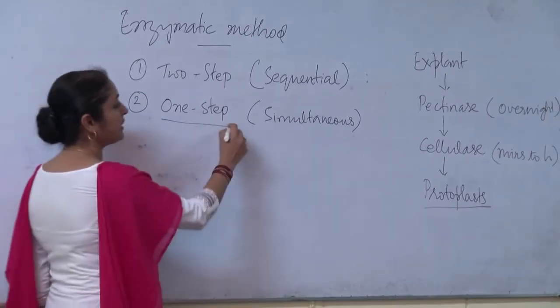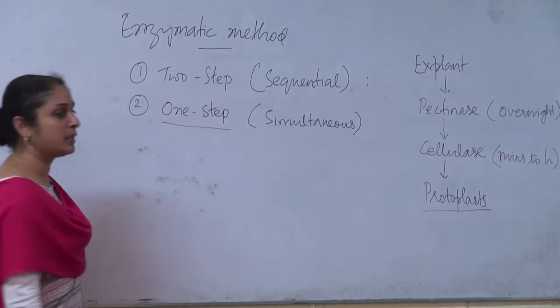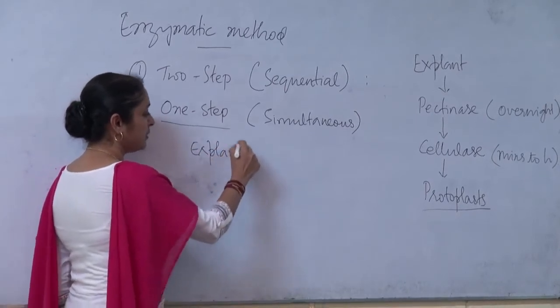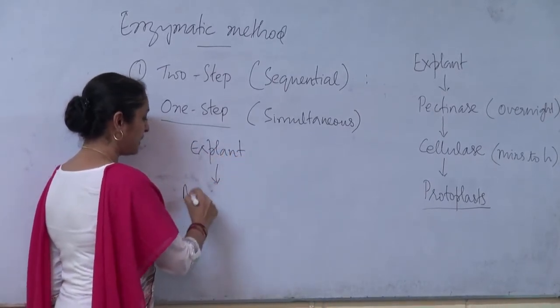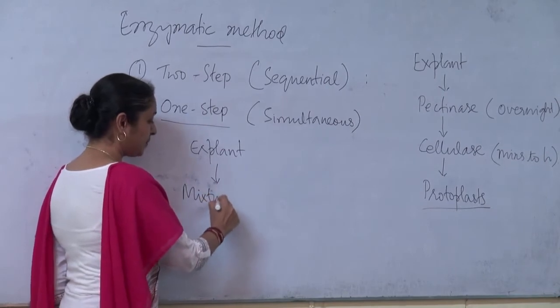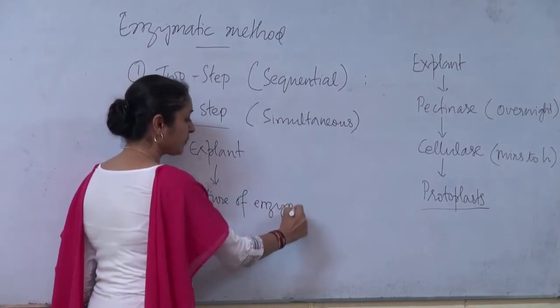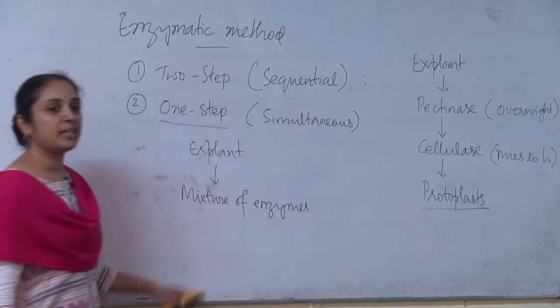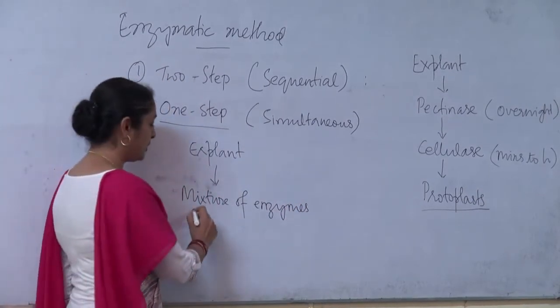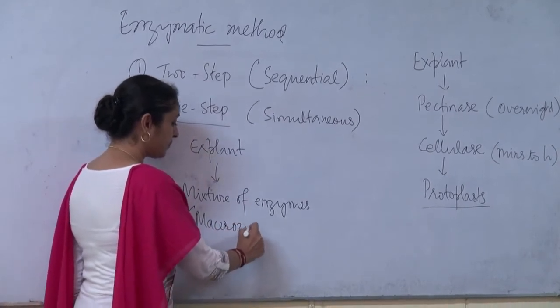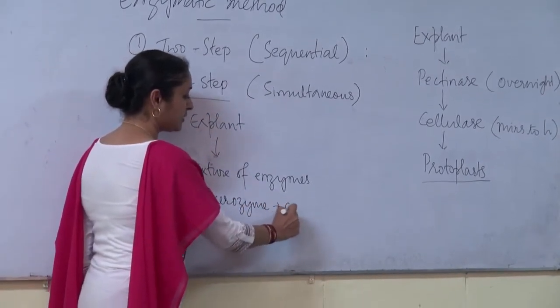In the one-step method, which is the simultaneous method, the explant is treated with a mixture of two enzymes. This mixture consists of macerozyme and cellulase.